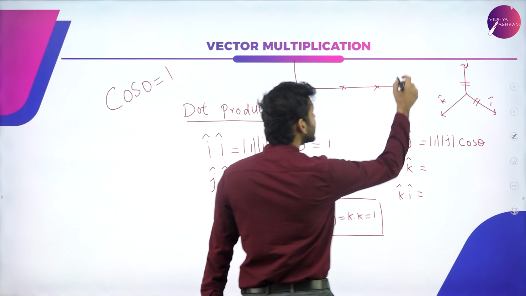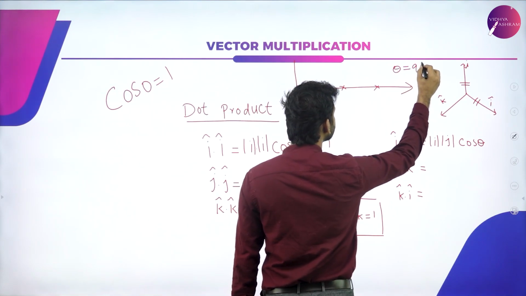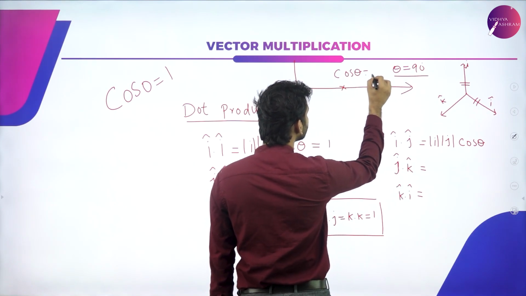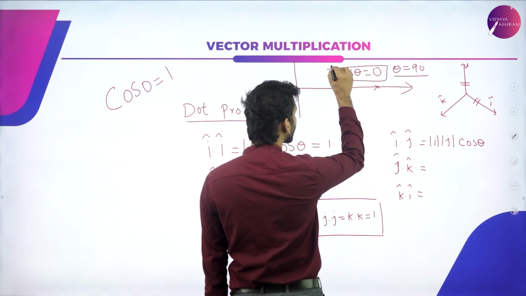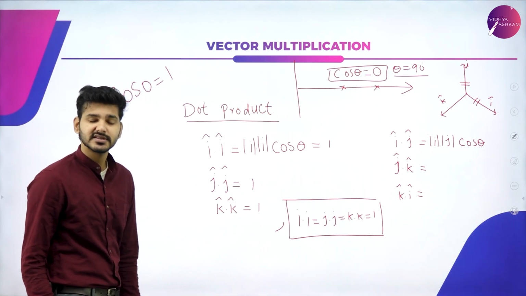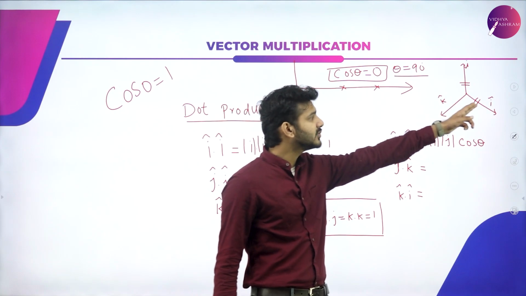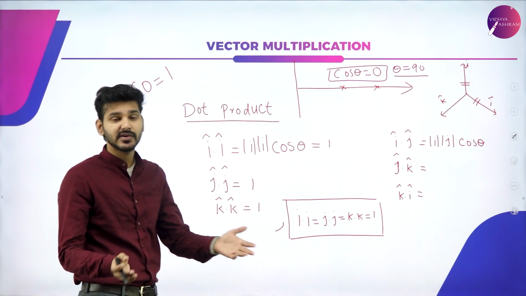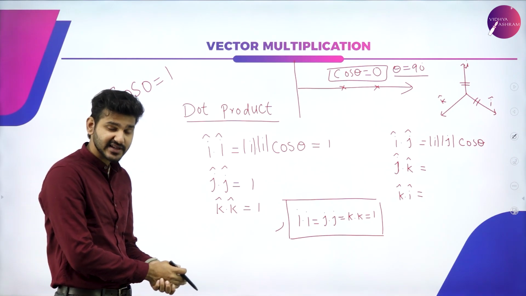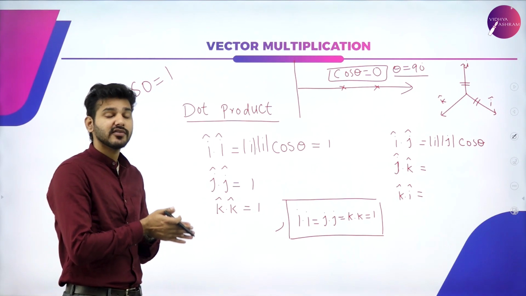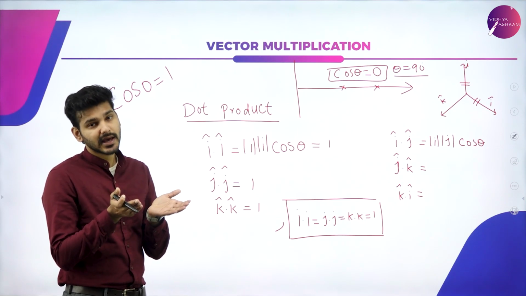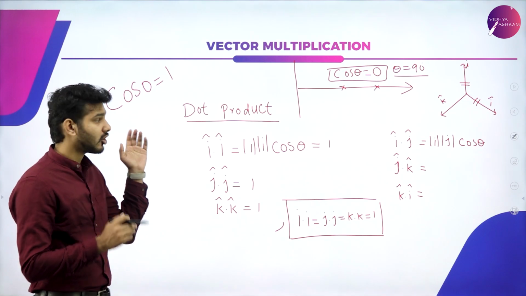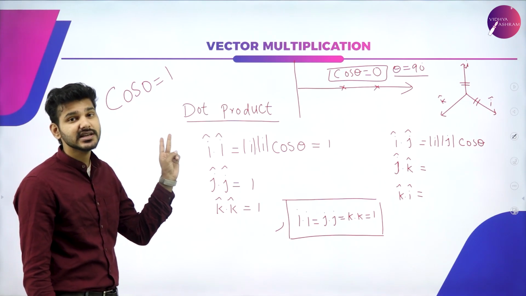So theta is equal to 90 degrees, which means cos theta will be equal to 0, because the angle between the x and y axes is 90 degrees, or simply, they are mutually perpendicular axes. Cos 0 is 1, cos 90 is 0.